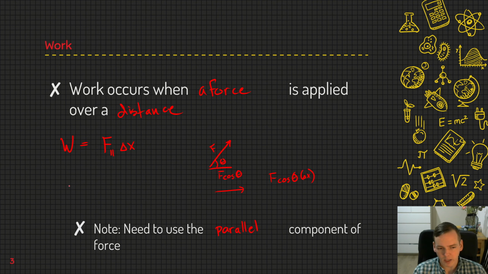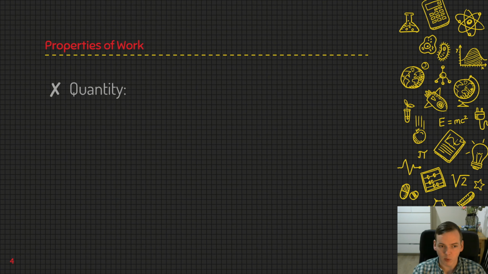More precisely, mathematically, it's actually F times the dot product of our displacement, if you remember dot products. You don't need to know this for the AP Physics test. They don't ask about it, but if you're wondering why it's ambiguous, it's because it's the dot product.